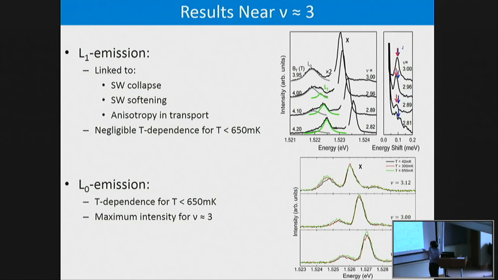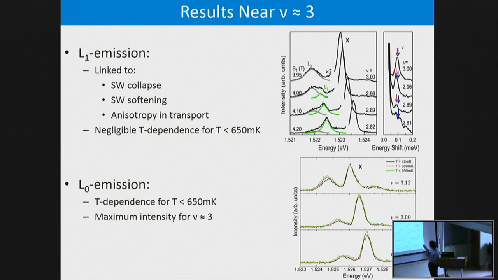So we basically see two peaks here, which I've called L0 and L1, where the L1 really corresponds to what happens when you move away from filling factor 3, when you decrease from it.